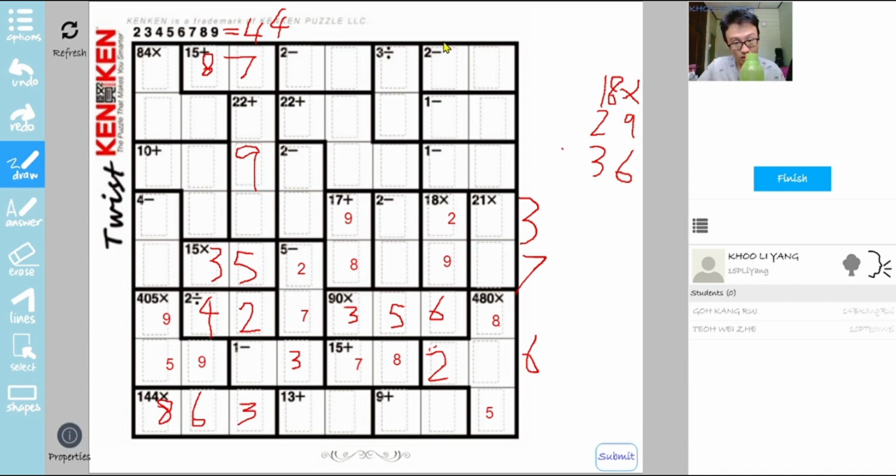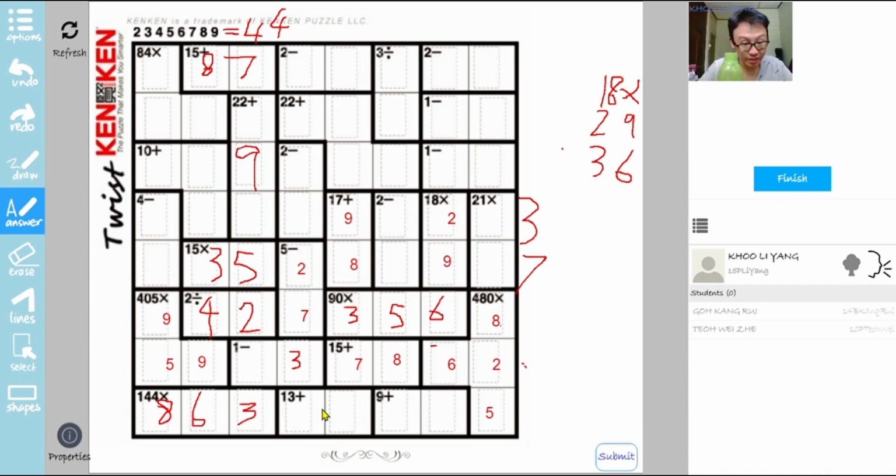Since 2 is already in this column, 2 is at the right, whereas 6 is at the left. So I'm going to erase it, and then 6 here, 2 here.